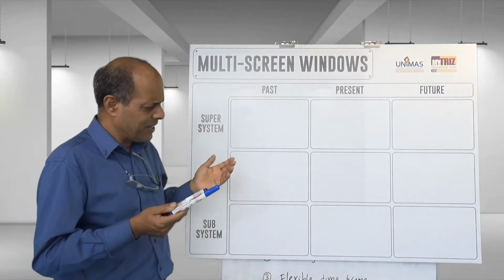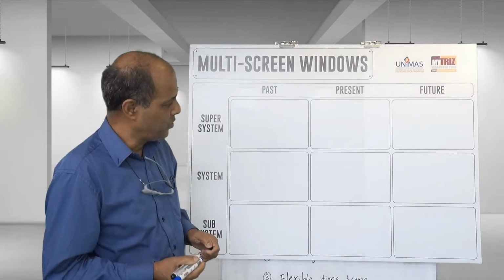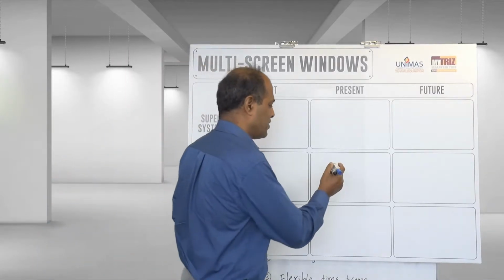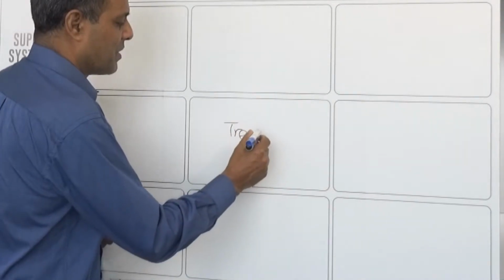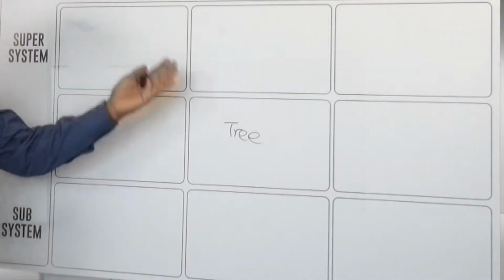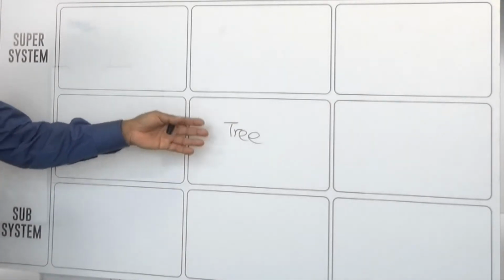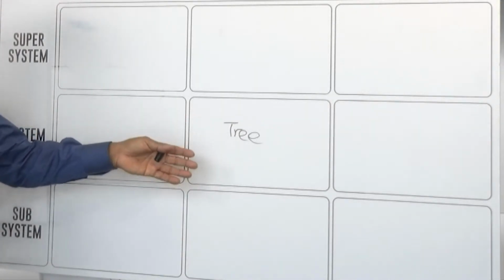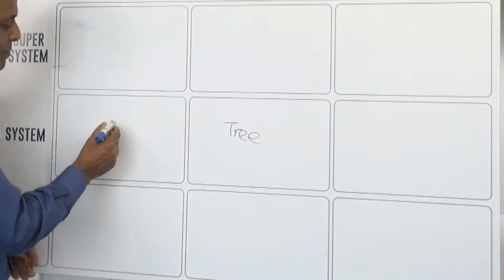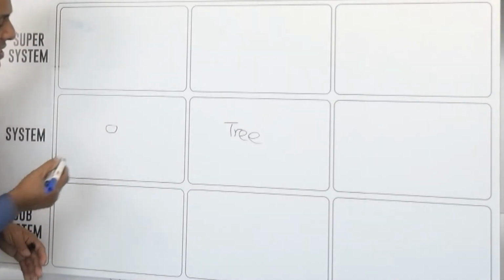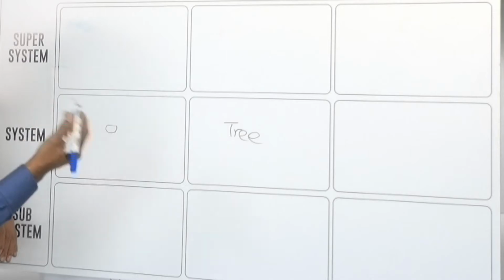Let's look at an example of a tree. Looking at the present dimension, we are looking at a tree. What would the tree have been in the past? The tree would have been a seed, which grew into this tree now.